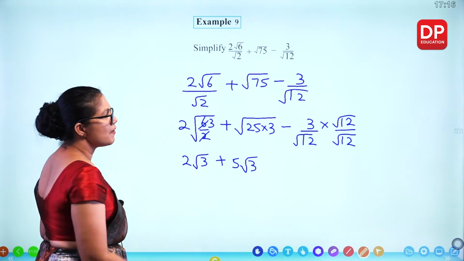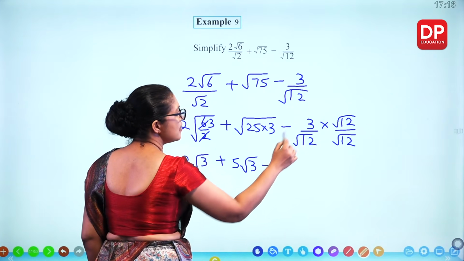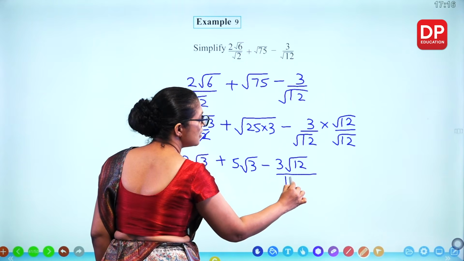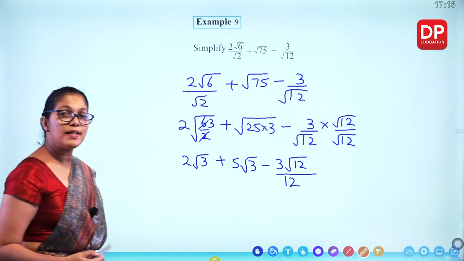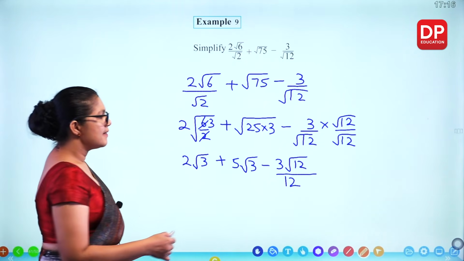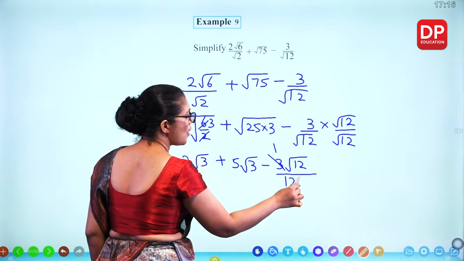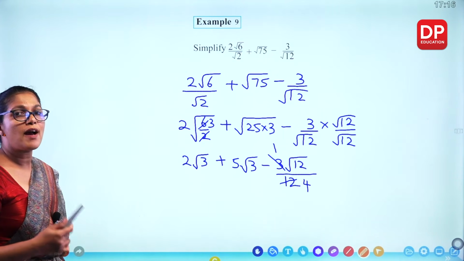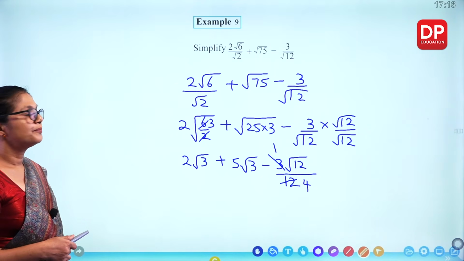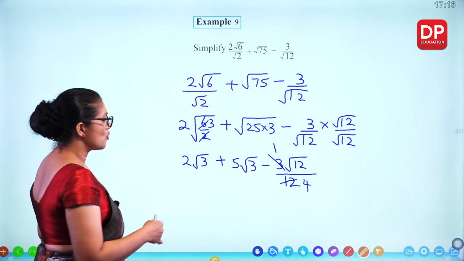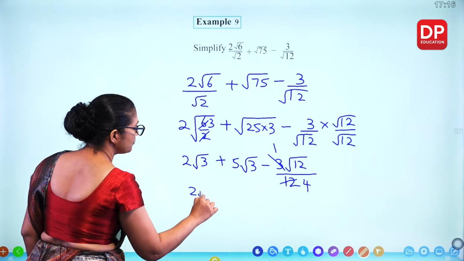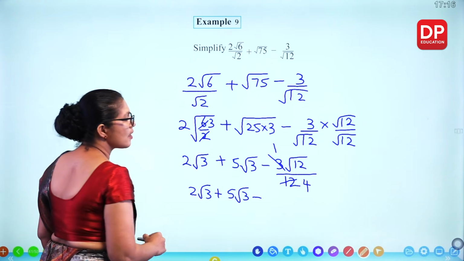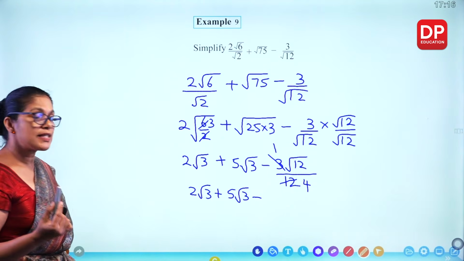This one, when you multiply together, you get 3 root 12 over 12. Root 12 into root 12, you get 12. Then I can simplify 3 times 1, 3 times 4. Now can we write 12 as a square number? Yes, we can. 12 I can write 4 times 3.